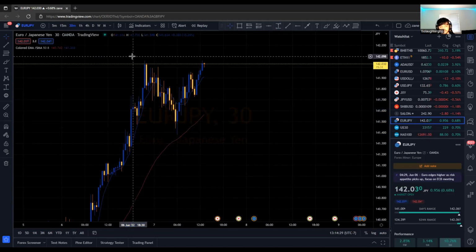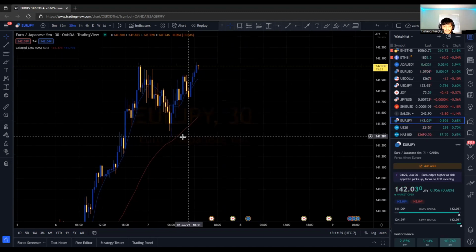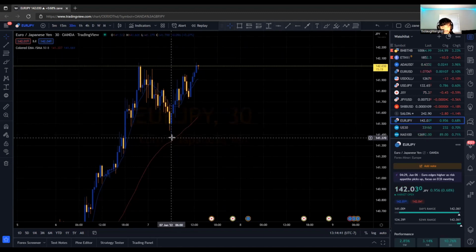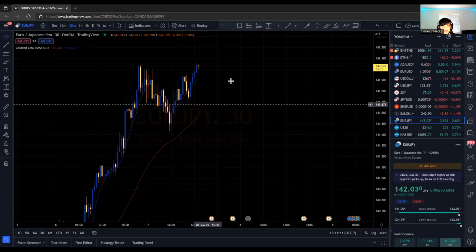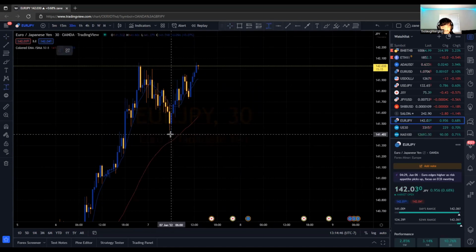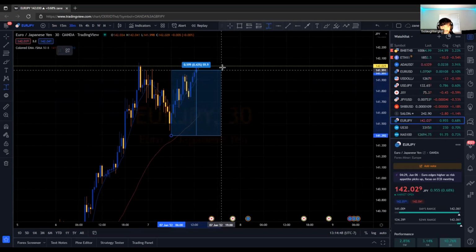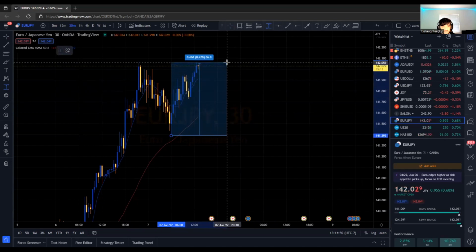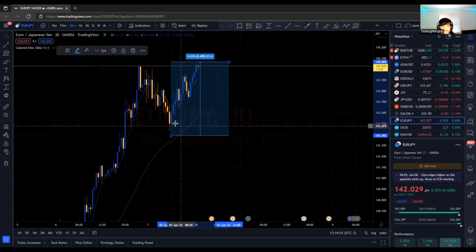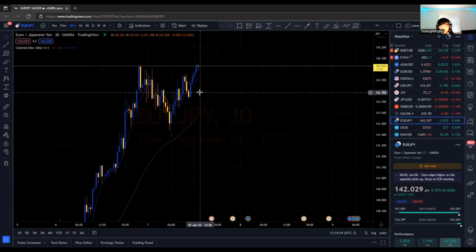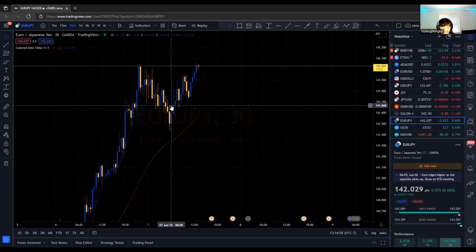So if you were to enter at London Open, you would have to wait a whole 2-3 sessions just for your 1 to 5 and 1 to 6 to be hit. Same thing from here. This move started from 6 in the morning, moved up 67 pips.